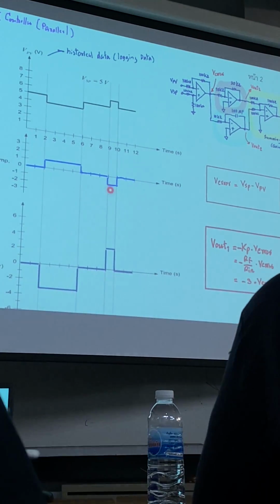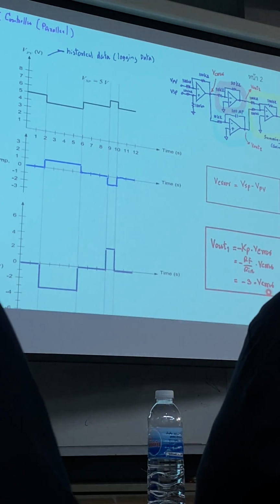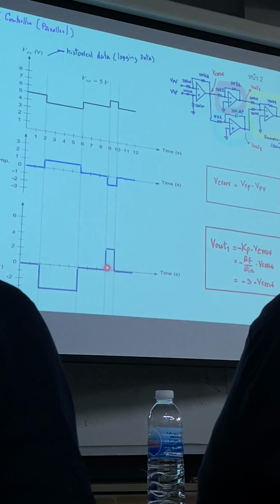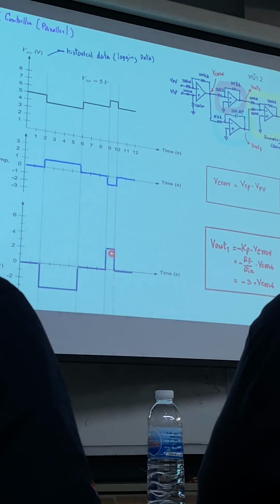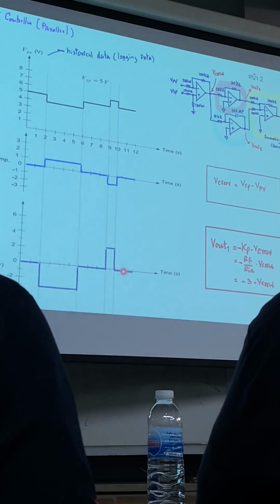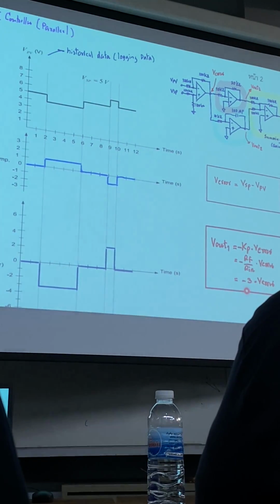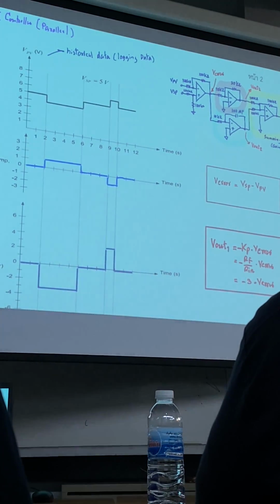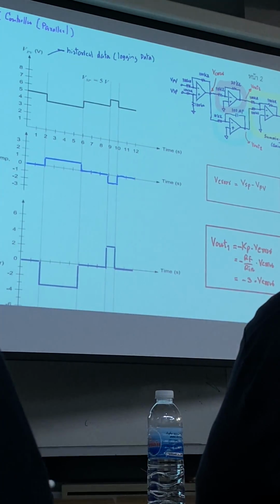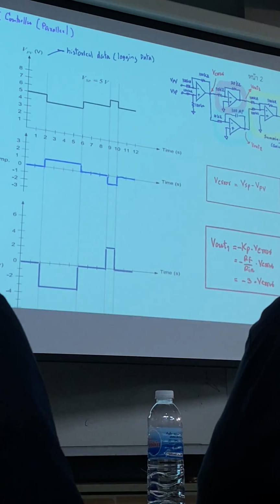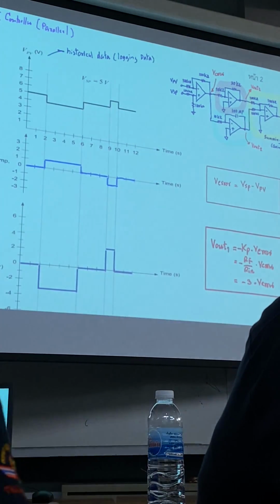The error in this interval is minus 1. Minus 1 times minus 3, then you have plus 3. And in the last section you have 0 times minus 3, you have 0. Until this step, if you have any questions, you can ask.